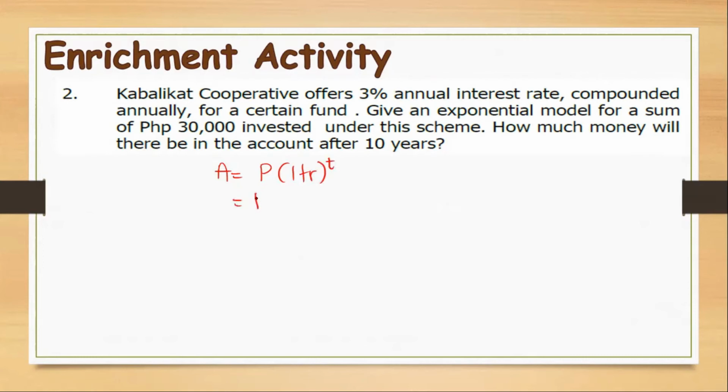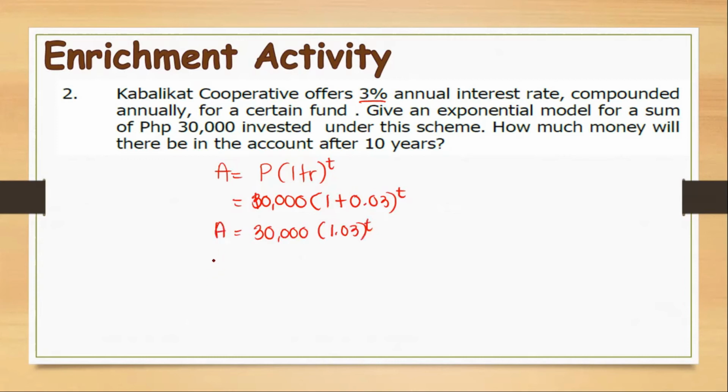So that is 30,000 multiplied by 1 plus the rate, which is 3%. In decimal, that's 0.03, raised to time. So our A will be equal to 30,000 times 1.03 raised to time.